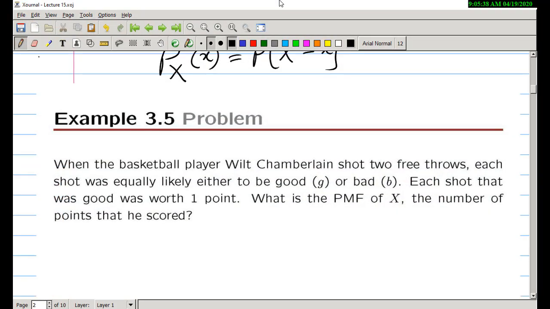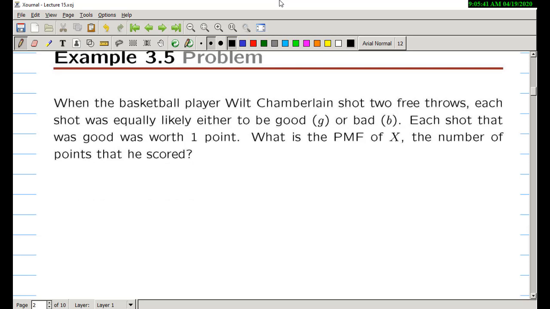When the basketball player Wilt Chamberlain shot 2 free throws, each shot was equally likely either to be good or bad. Each shot that was good was worth 1 point. What is the PMF of X, the number of points that he scored?